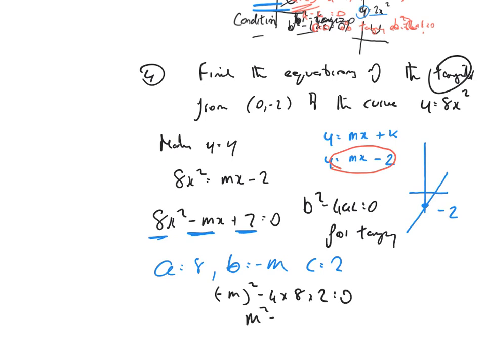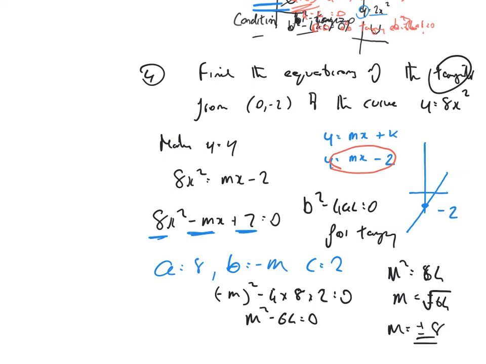m squared minus 4 times 8 is 32, times that by 2 is 64, is equal to 0. We'll then get m squared equals 64. m equals the square root of 64, and that's going to be plus or minus 8.